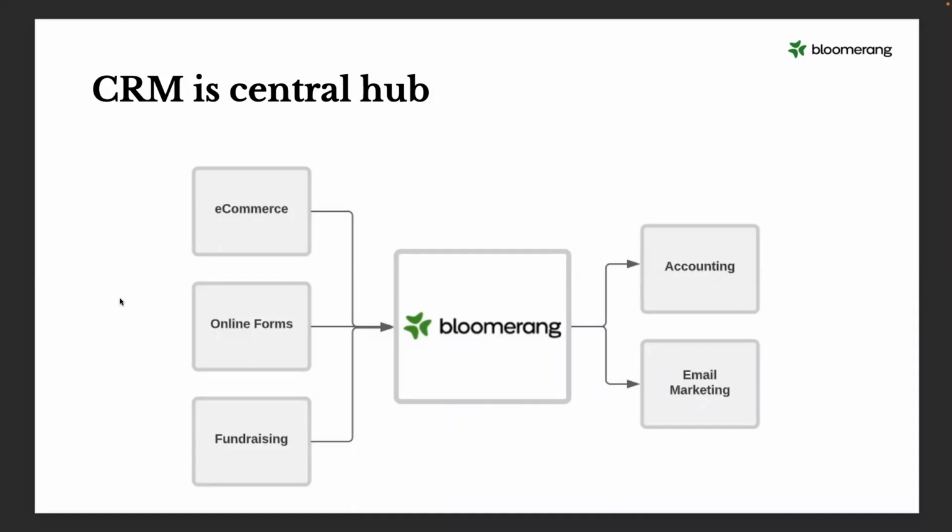This really ensures Bloomerang maintains a global record of your constituents' engagement with your organization and centralizes reporting on constituent activity. So you can see this is just a really generic illustration here, but it shows how some common applications we see nonprofits use could be arranged in a tech stack to flow in and out of Bloomerang as the central hub.